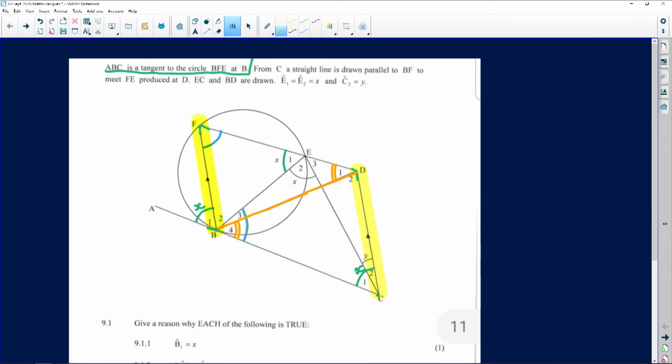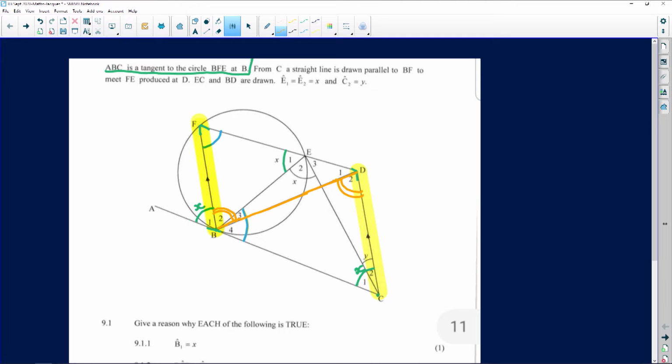They are not equal. We're at the wrong angle here. It's angle D2. So let me just get my orange back. It's angle D2. That is indeed equal to angle B2 and angle B3 together. Okay, so that's your Z that you have from your alternate angles that are equal.